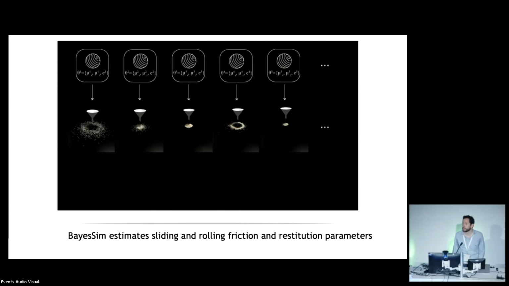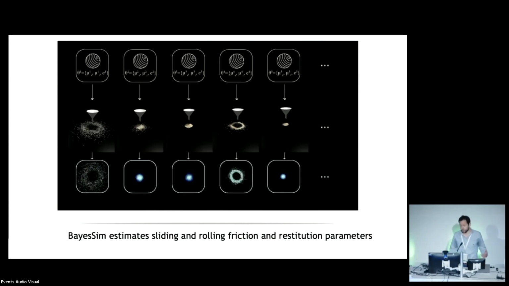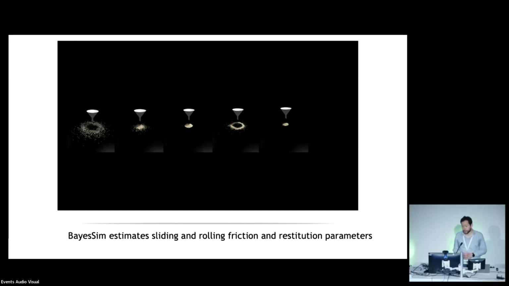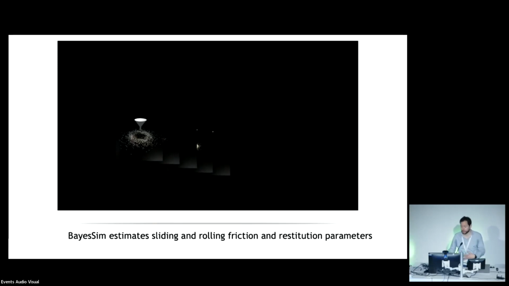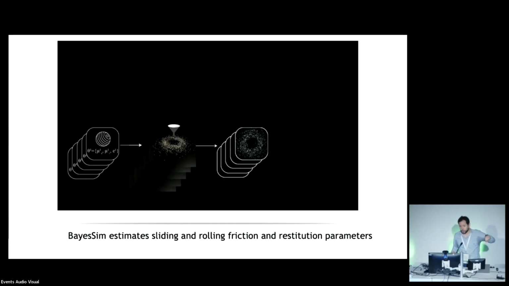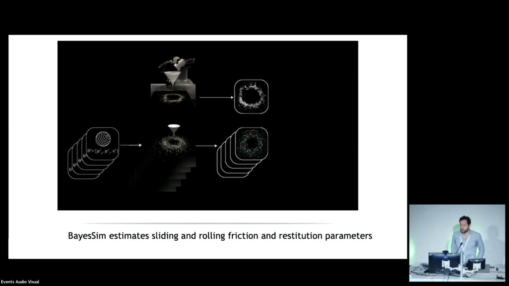We extract summary statistics out of this, and actually we only require pictures of the realization of the process, right? So these rings that we're pouring there after we put the grains into this funnel give us a pretty good indication already of the rolling and restitution parameters that we are after.